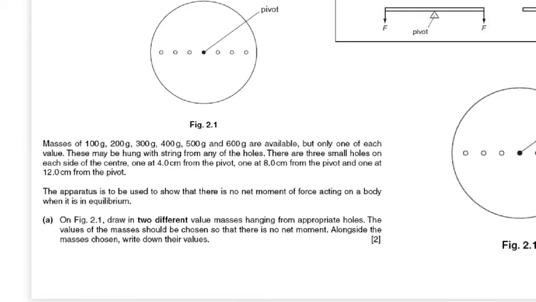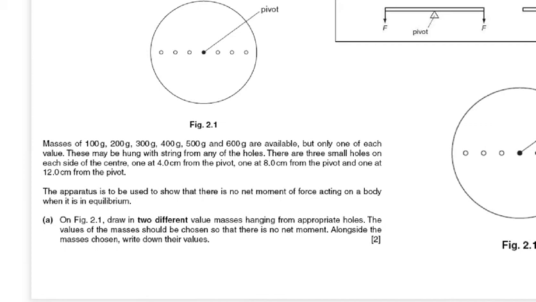So essentially, the easiest way to do this, they give us options. These are the masses that we have access to, one of each. We have to use two different masses, and we want this thing to balance at the end. So we can hang these from the holes. Basically, we need to pick two masses.